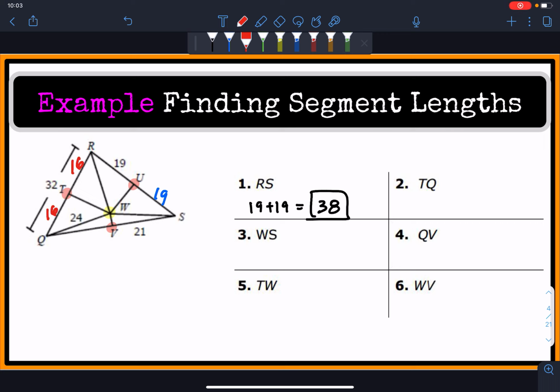So the distance from T to Q is going to equal 16. If I take 32 and divide it into 2 equal parts, I get 16. So that's the distance from T to Q, because again, T is in the middle.